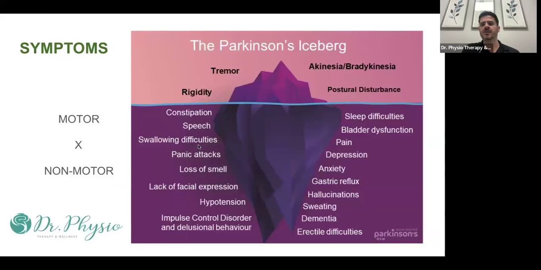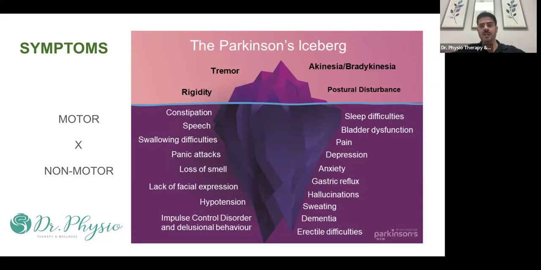So here we go. We know Parkinson's affects mostly the movements. The motor aspect of Parkinson's disease is more visible, which is like the graphic here, which I love, that shows the iceberg. When you see an iceberg, you're just able to see the top of it, above the sea level.